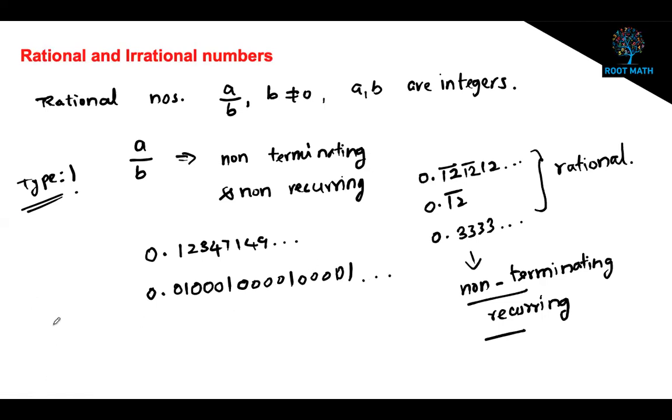Next, type 2 of irrational numbers. Take a letter M. I'm taking M as a positive integer.